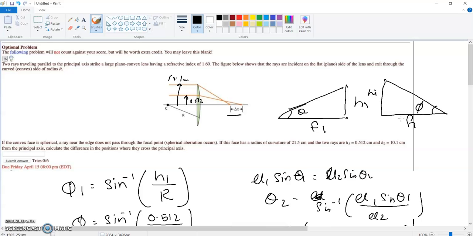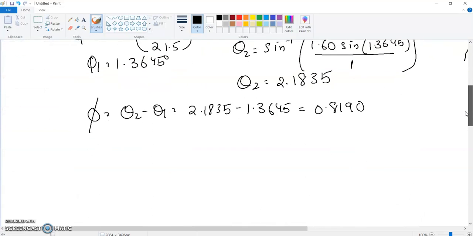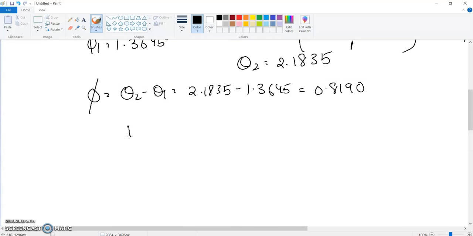So in order to calculate this f1, I need to solve this triangle, which turns out to be the tangent formula, tan theta. Tan theta is basically h1 over f1, at which it's trying to hit the focal length.